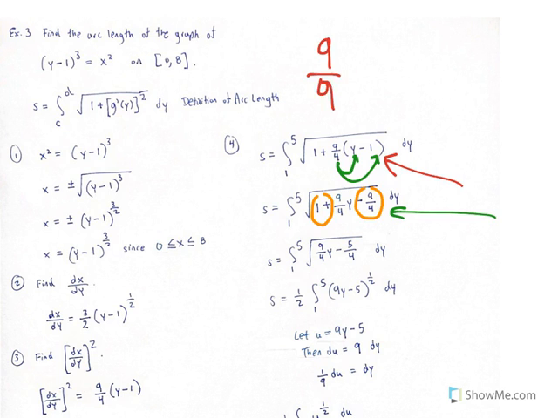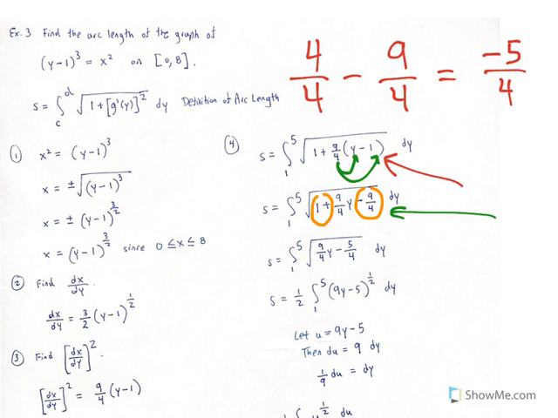You want to write 1 as 4/4, so 4/4 minus 9/4. 4 minus 9 is -5, so you get -5/4, which is what you see here. And of course, you still have the 9/4 y that we didn't do anything with. So now we're over here.